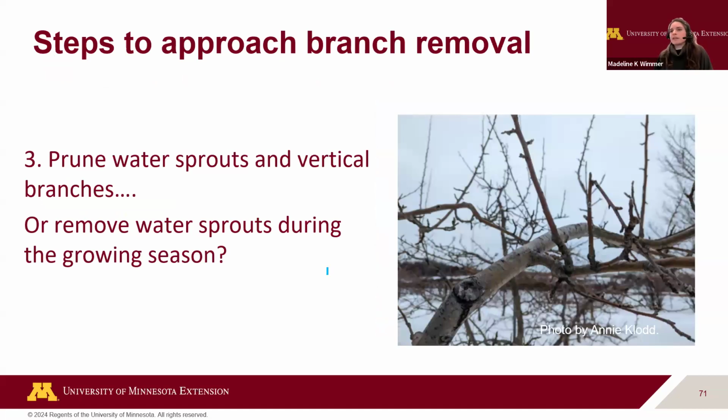Step number 3. You can prune water sprouts and vertical branches. Sometimes they're called buggy whips, but they're just these really upright, strong vegetative branches. So you can remove those. Something to be aware of, though, is that when you start to remove water sprouts or vertical upright branches on a large or mature tree, this can sometimes lead to a lot of growth happening after that.